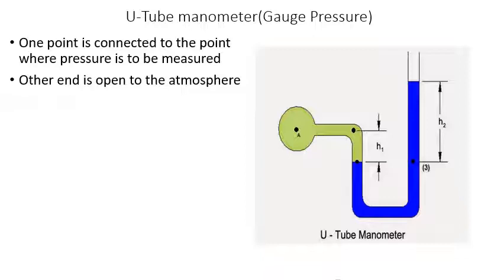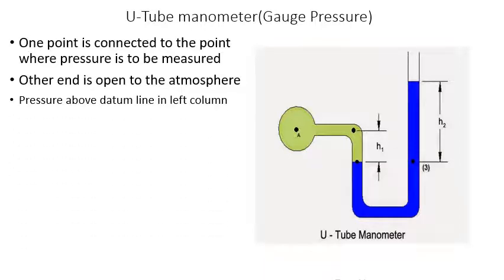Because of the gauge pressure, we can see the rise of liquid level in the right limb. There are two limbs considered, the left limb as well as the right limb. We see the rise of liquid level in the right limb because of the higher pressure at point A, or gauge pressure, that is higher than the atmospheric pressure.